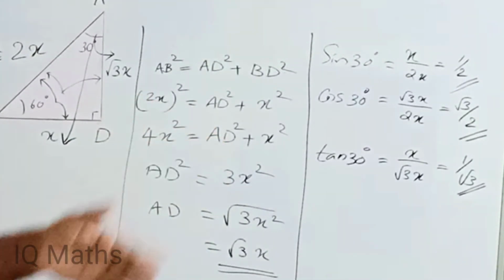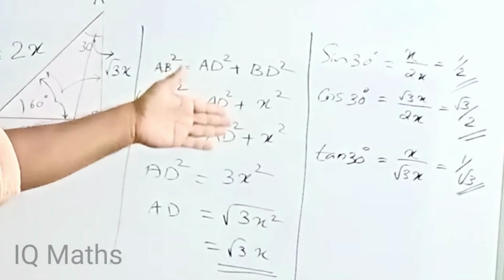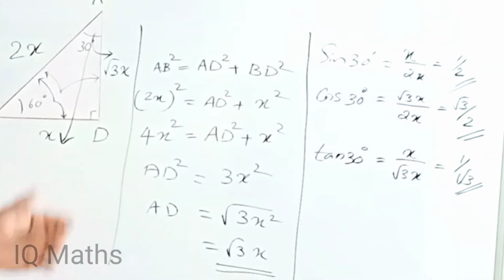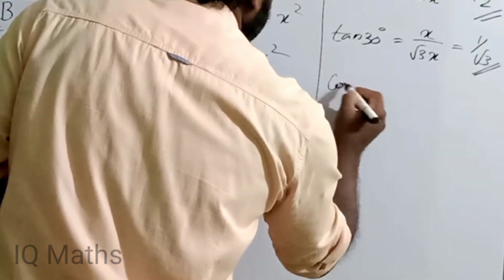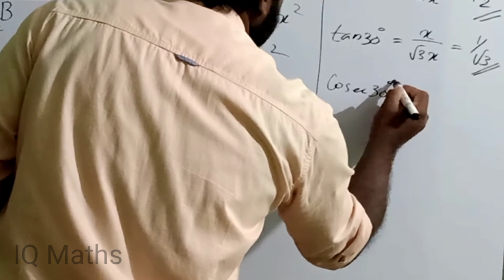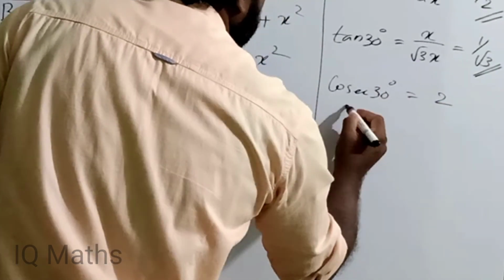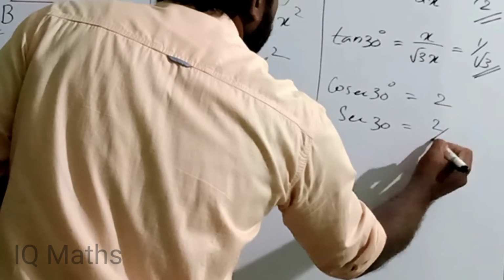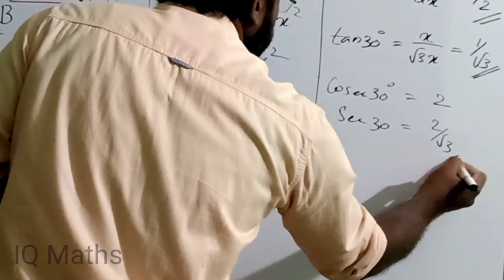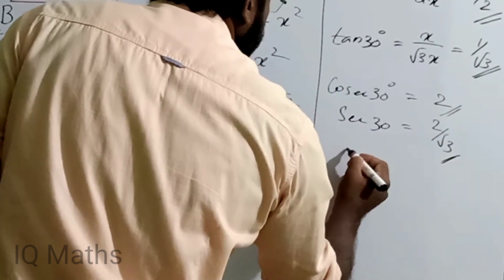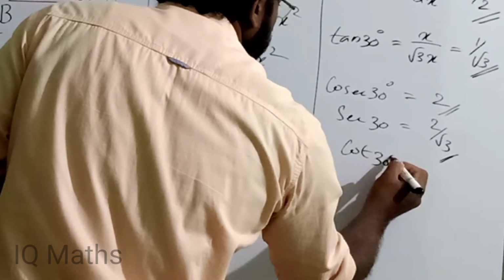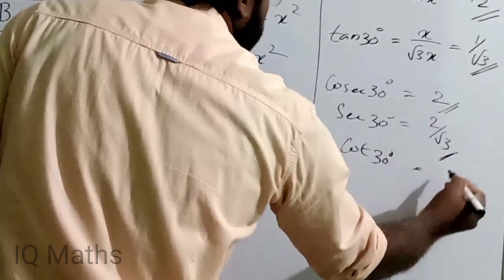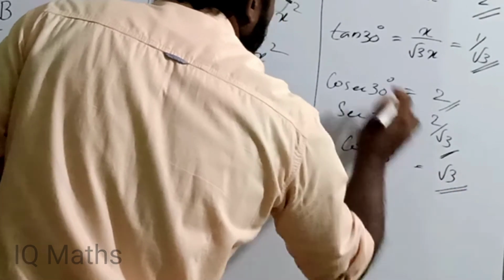Now we can easily find out the reciprocals of sin 30, cos 30 and tan 30. Reciprocal of sin 30 is cosec 30, that will be 2. Sec 30 means 1 by cos 30, that will be 2 by root 3, and cot 30 will be root 3, reciprocal of tan 30.